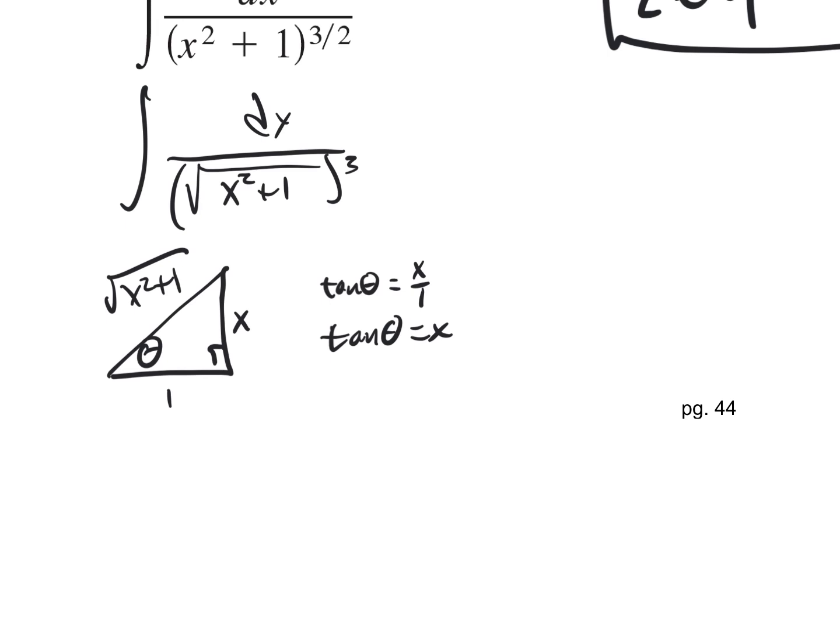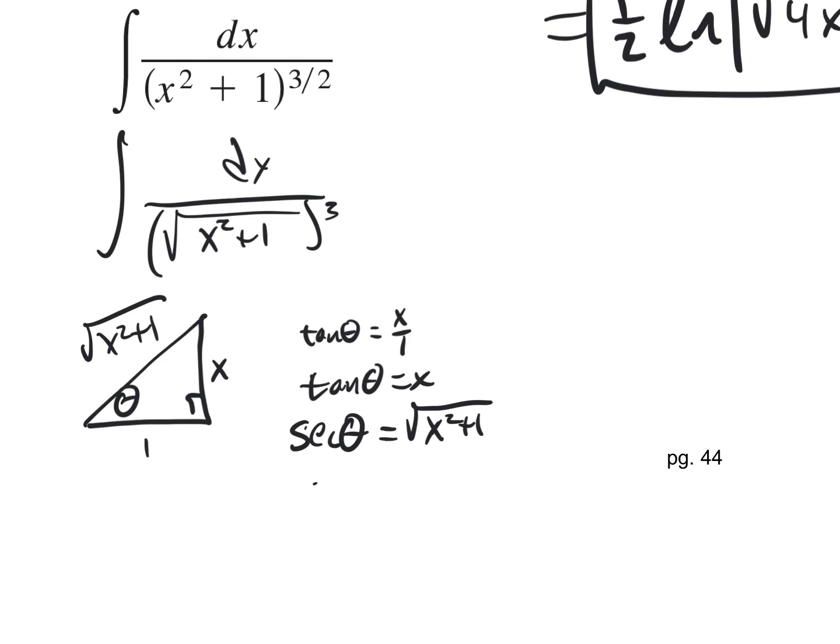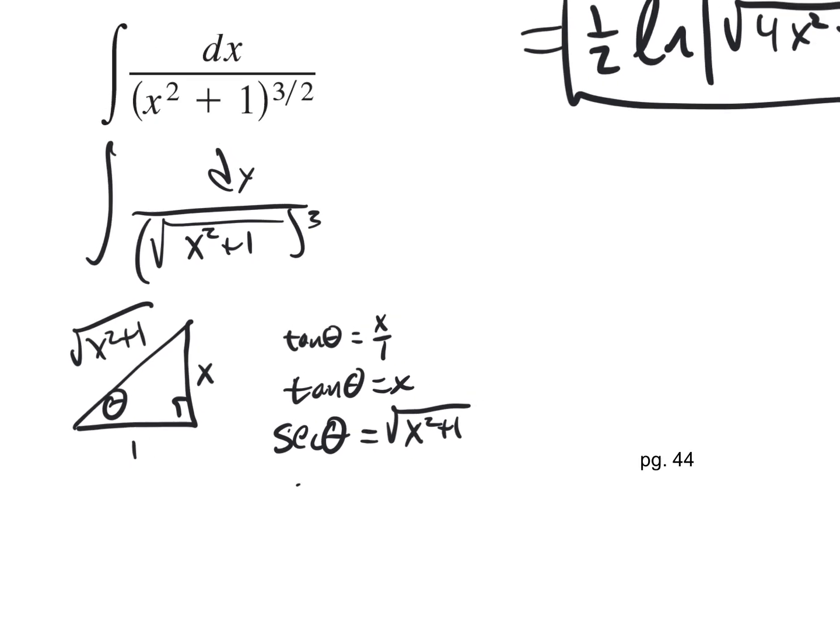And so this is the square root of x squared plus 1. So now we can say this is the secant. Secant is the inverse of cosine. So we can see the secant of theta is the square root of x squared plus 1 over 1. But we don't really need the over 1 there, so we'll just leave it at that. Great. Well, now we can substitute here. Almost. We need one more thing.